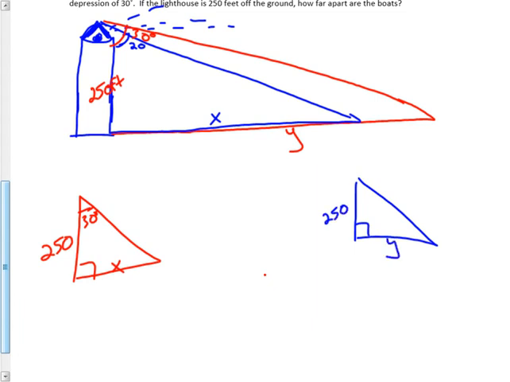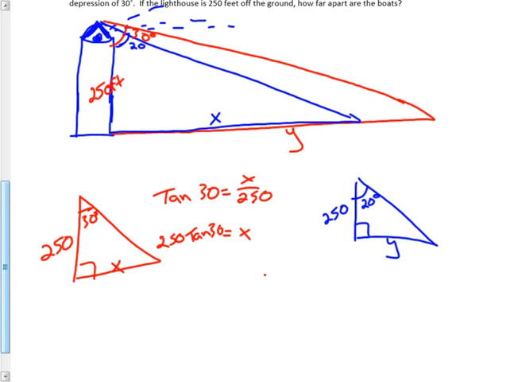I'm looking for this with an angle of 20 degrees. So the first one, I'm looking for the opposite side, and I have the adjacent side. So again, I'm looking at tangent here. So I've got tangent of 30 equals x over 250. Multiply by 250, I get x equals 250 of tan 30.